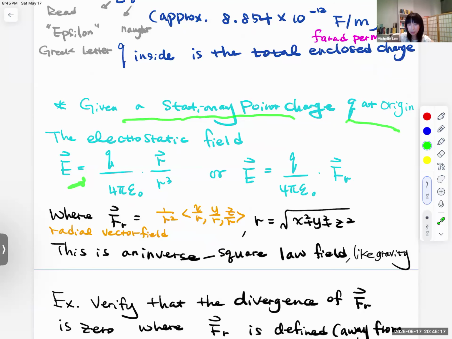So the electrostatic field is Q over 4 pi epsilon naught times the vector r over r cubed. Then this is replaced by the radial vector field.